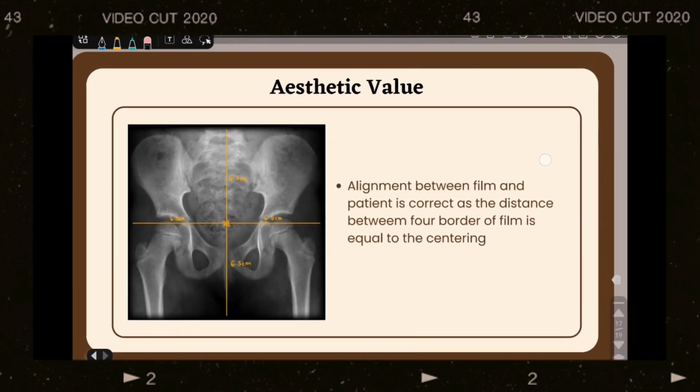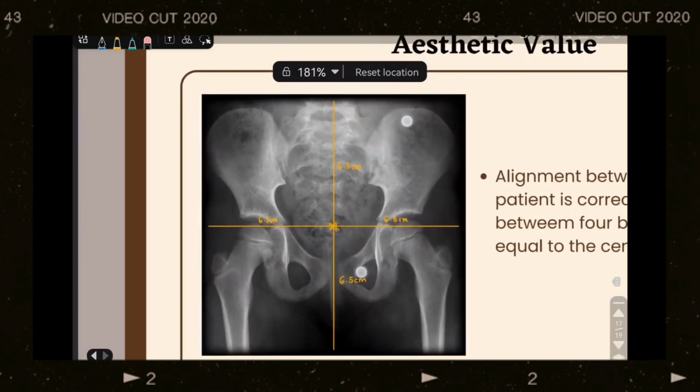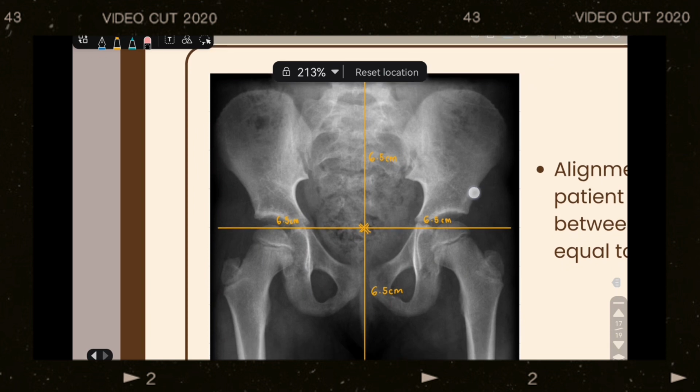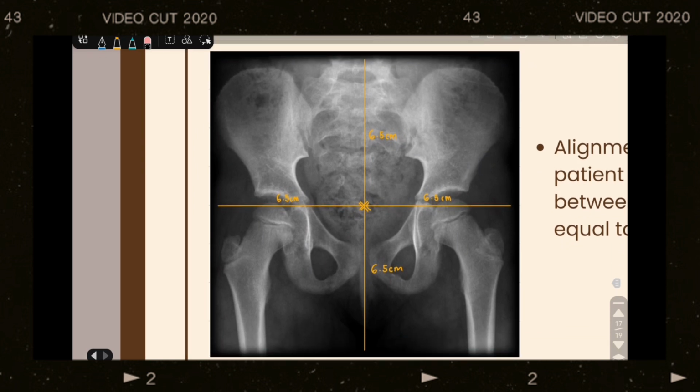Okay, next is aesthetic value. The alignment between film and patient is correct as the distance between the four borders of the film is equal to the centering. As you can see from this image, the border from the upper and lower has the same distance, which is 6.5 cm, and from the left and right also has the same distance, which is 6.5 cm.